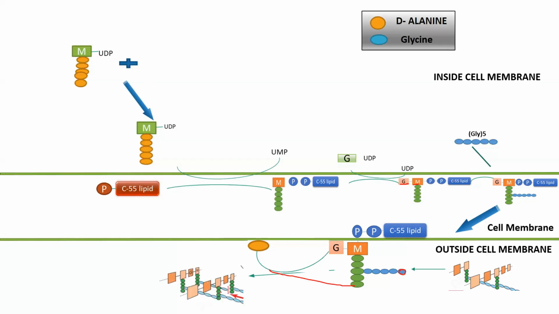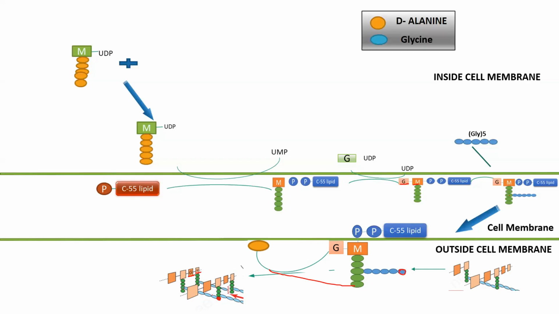If you see here, the fifth position of glycine gets attached to the fourth position of alanine of the next layer of N-acetylmuramic acid and N-acetylglucosamine. So in multiple layers, this covalent bonding occurs.